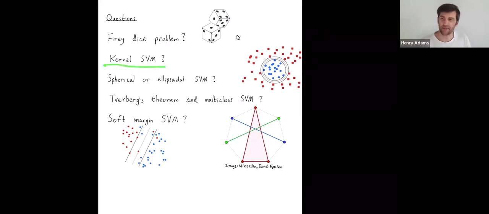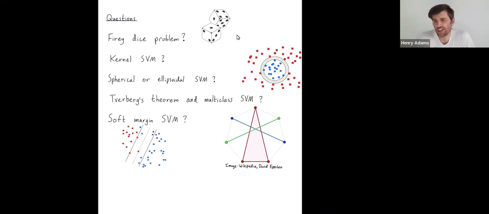Kernel SVM is a way to use a kernel to map your data into higher dimensional space so that you can get a non-linear separator in low dimensional space by using a linear separator in high dimensional space. Our results give weak consequences for kernel SVM, but maybe there are stronger results one could obtain.